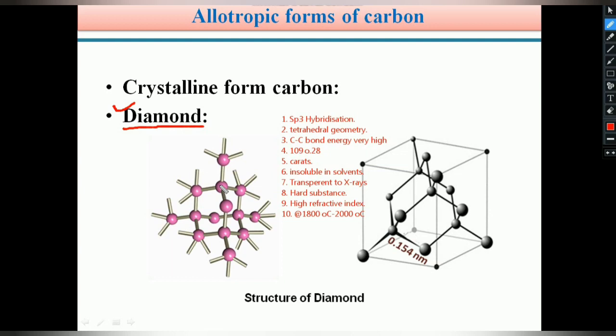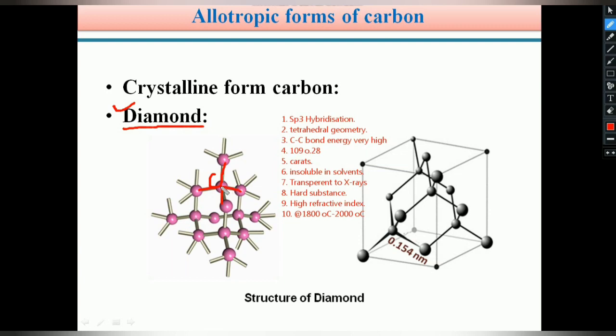In diamond, this is a carbon atom, and this is a carbon atom. In diamond, each carbon atom is bonded with four other carbon atoms. See, this carbon is attached to this carbon and bonded with this carbon: 1, 2, 3, 4. In this manner, each carbon is bonded with four other carbon atoms.